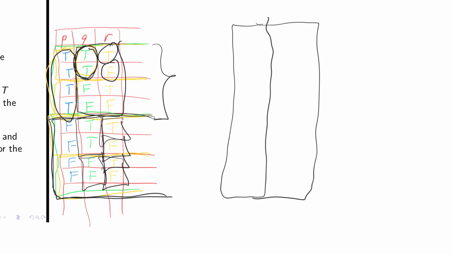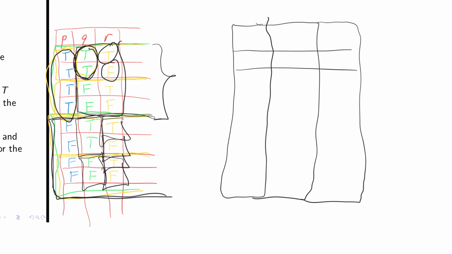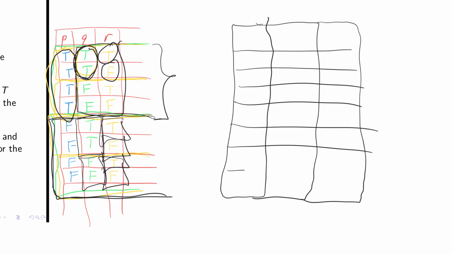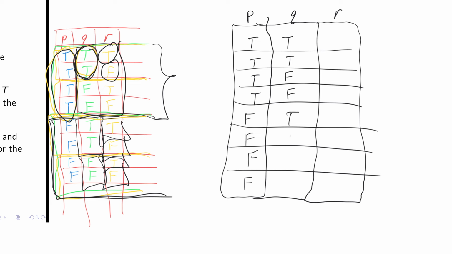When you're actually computing these, you can just do a certain kind of alternation. So if P is here, Q is here, R is here, you can just fill with true halfway, fill with false halfway, and for the next column, true a quarter of the way, then false a quarter, true a quarter, false a quarter.